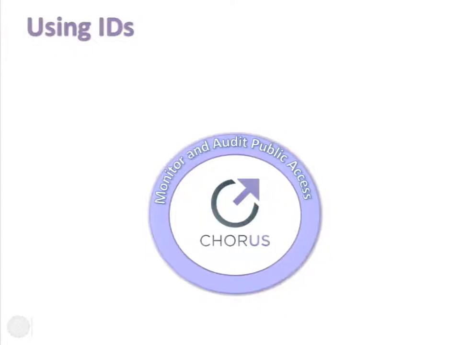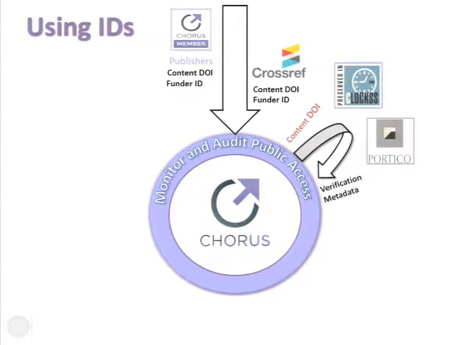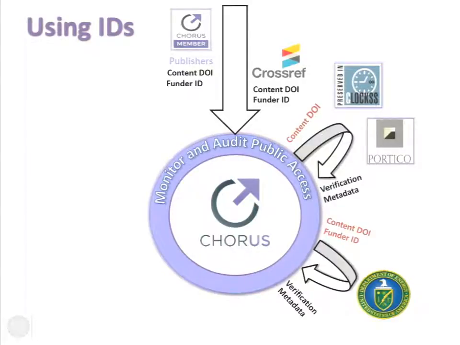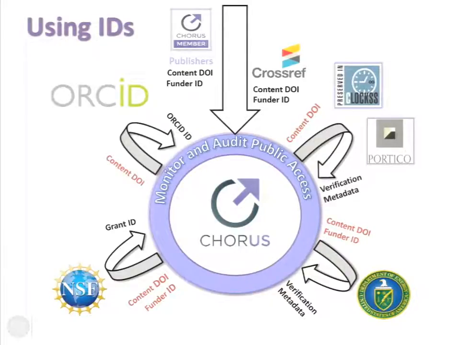CHORUS connects with the metadata across the community: Crossref DOIs, the access to what content is stored in the industry digital preservations, and it connects to the funders and the funder grant information and to ORCID. And so it's a clearinghouse of information as well as open research. Based on industry standards, and as new standards become possible, CHORUS will be leveraging those as well.